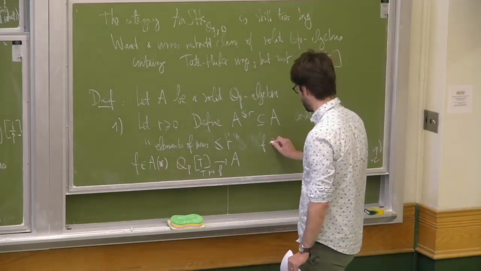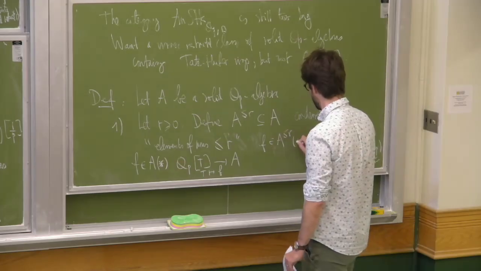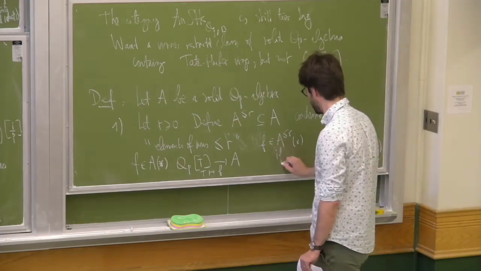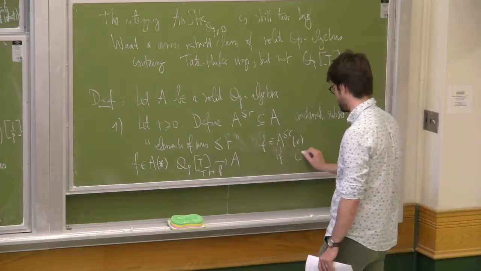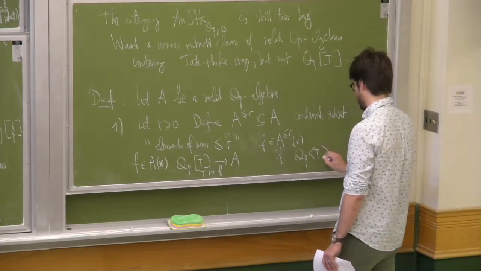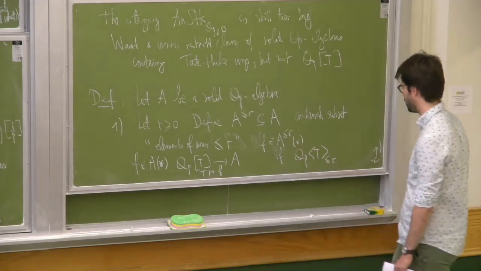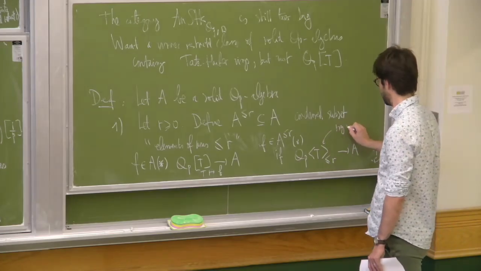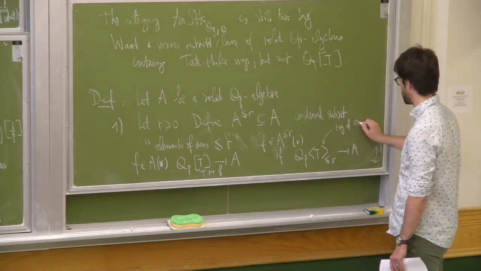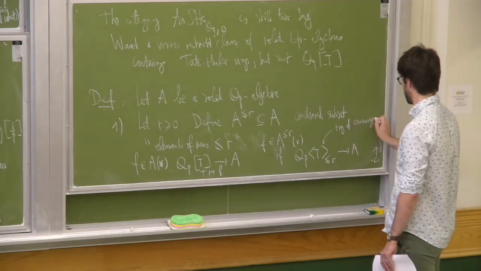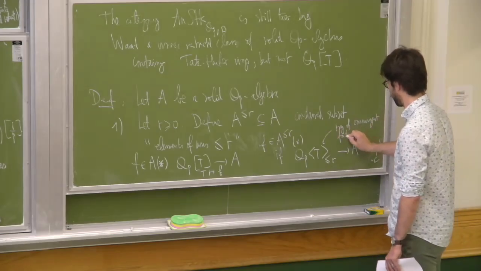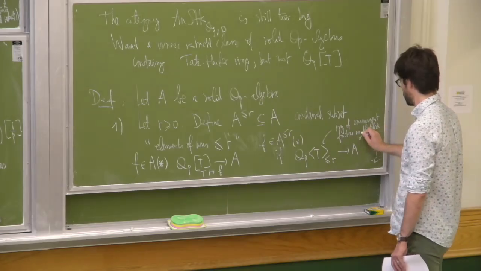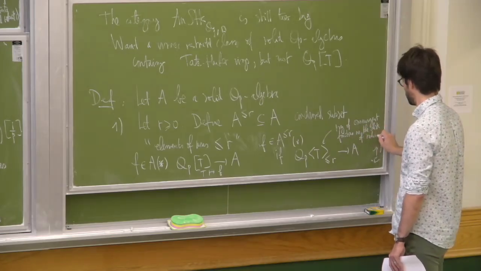We will say that f has norm less or equal to R if this morphism extends to the Q_p algebra, which is the ring of overconvergent functions on the disk, the affine disk.